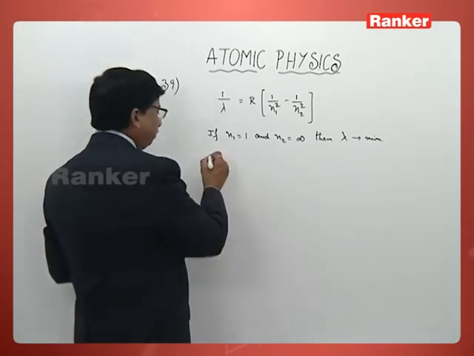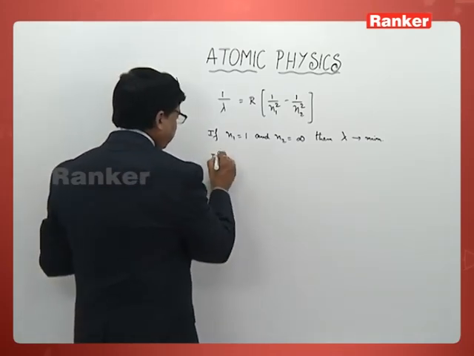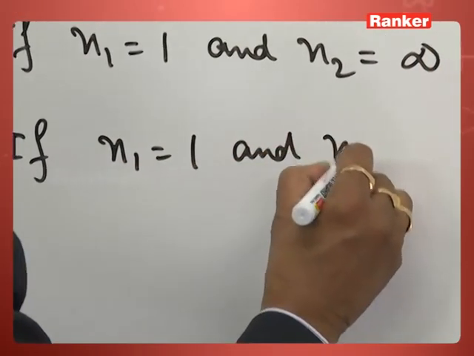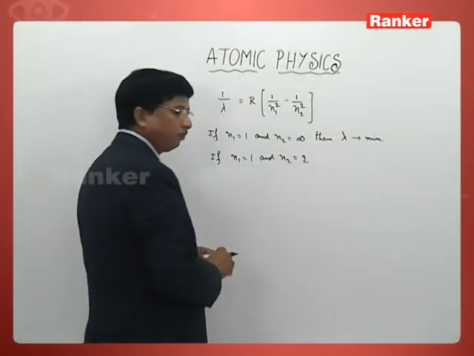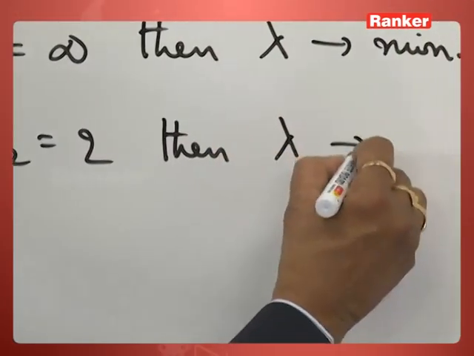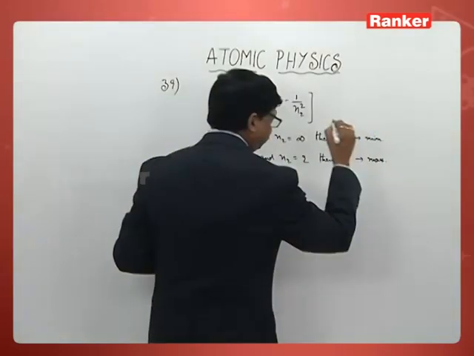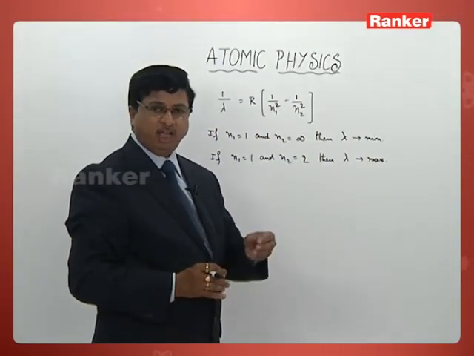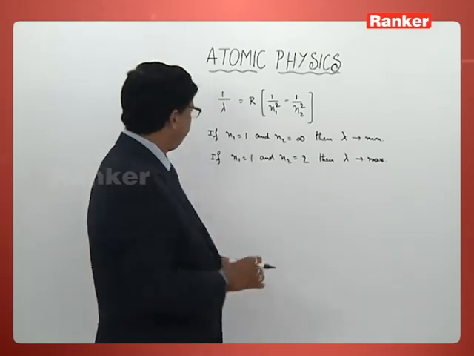Taking the same concept, if n1 is equal to 1 and n2 is equal to 2, then you will be getting the value of wavelength as maximum. So take the very first one first.